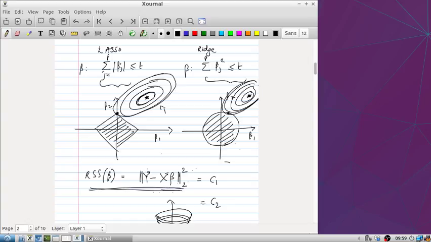So that's the impact of having an L1, or lasso, penalty.